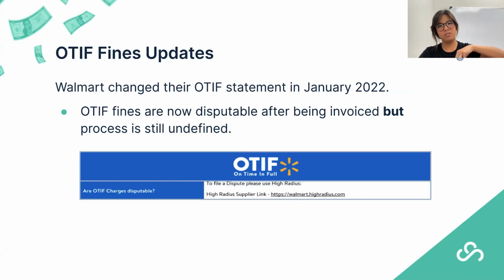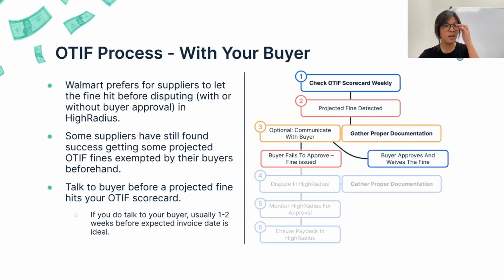Once it was invoiced, the generally accepted idea was that you wouldn't be able to touch that OTIF fine anymore. So it was really important to get ahead of it being invoiced. But now, they do allow you to dispute it after it is invoiced through HighRadius. So you can do both options. You can go through your buyer to get it waived before it's invoiced, but once it's invoiced, you have the ability to go after it in HighRadius.